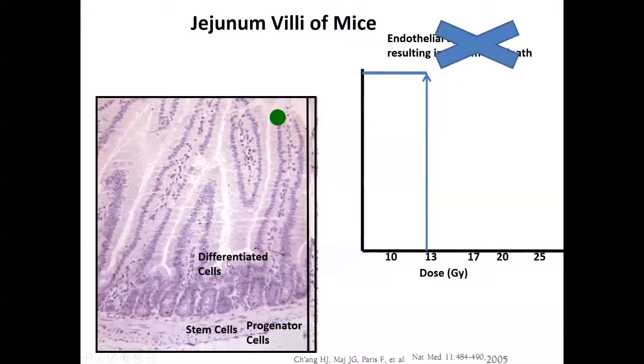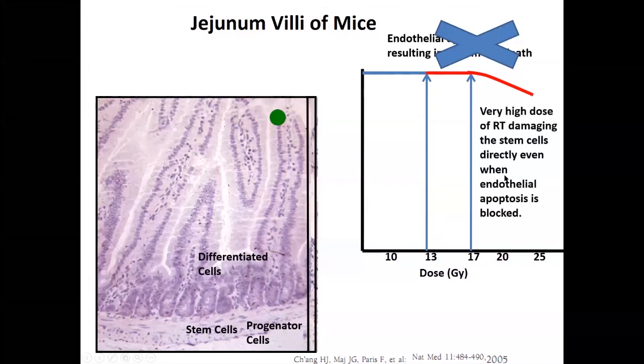And now they treated the mice with increasing doses of radiation, and they observed that up to a higher dose there was no death of mice, but after this dose there was death of mice because of irreversible diarrhea. Now they can say with surety that in the absence of endothelial apoptosis, there is a direct damaging effect of radiation on stem cells. In fact, they identified a stem cell population in the crypts which die at a very high dose. So this experiment suggests that there is a direct damaging effect of radiation.